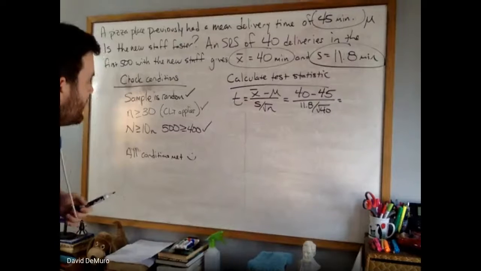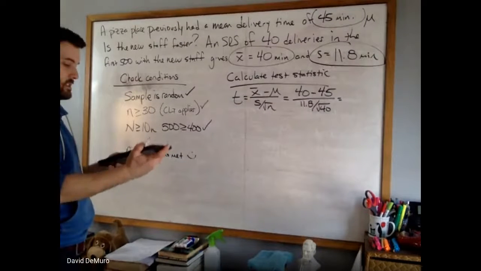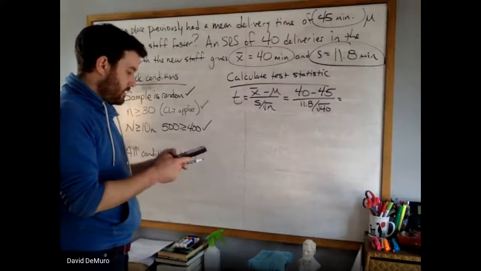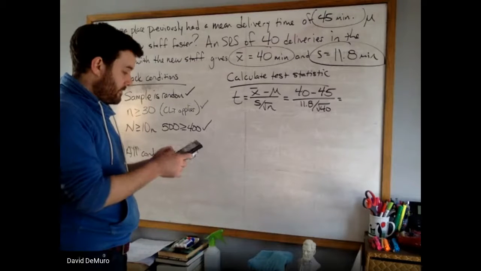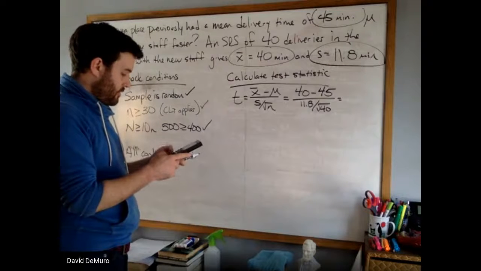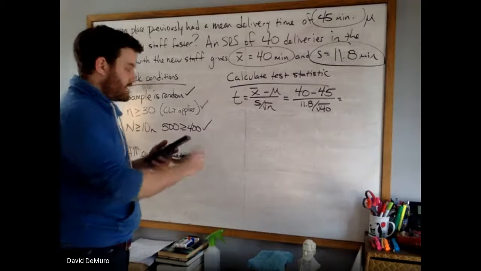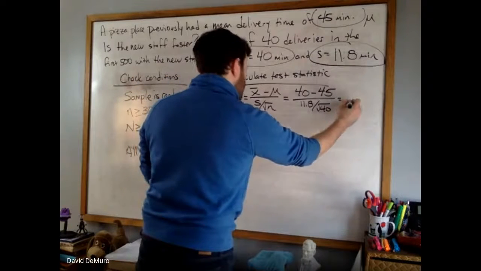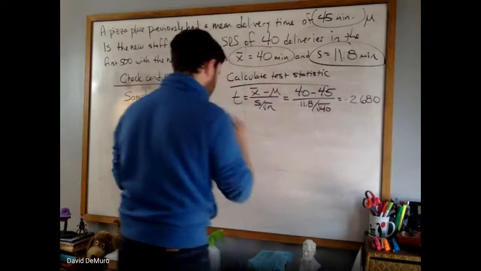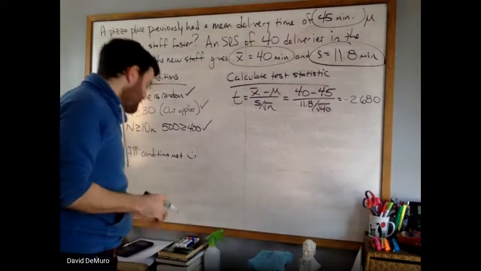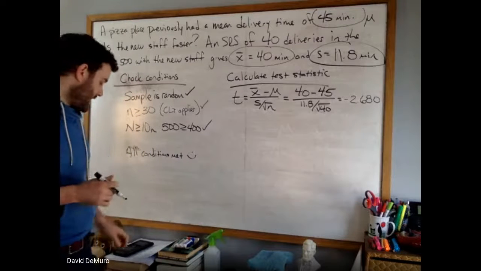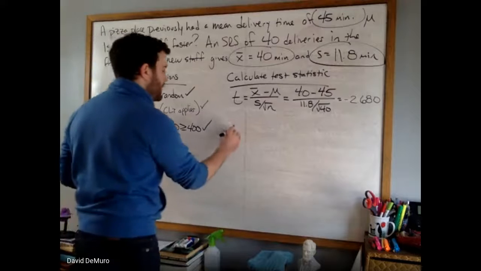So we have 40 minus 45 over 11.8 over the square root of 40. And that's going to give us a test statistic of negative 2.680. So that's how you calculate the test statistic for a one sample t-test. And now let's talk about how to find the p-value.